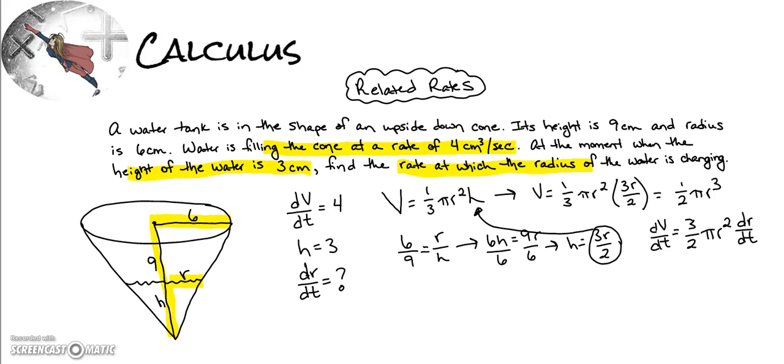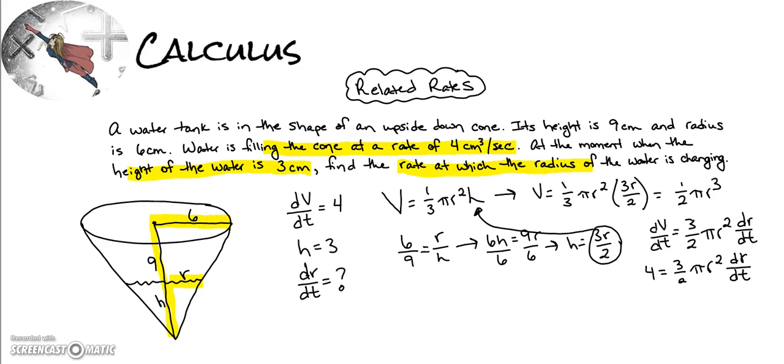And then we start plugging in any numbers that they gave us. So we know that dV/dt was 4. So 4 equals 3/2 pi. We don't know the r yet, but we do need to go back and figure out what that was. And then dr/dt we don't know, but that's fine because that's what we're solving for.